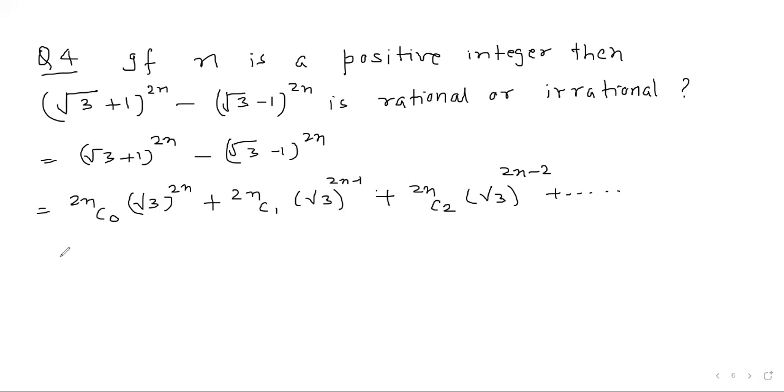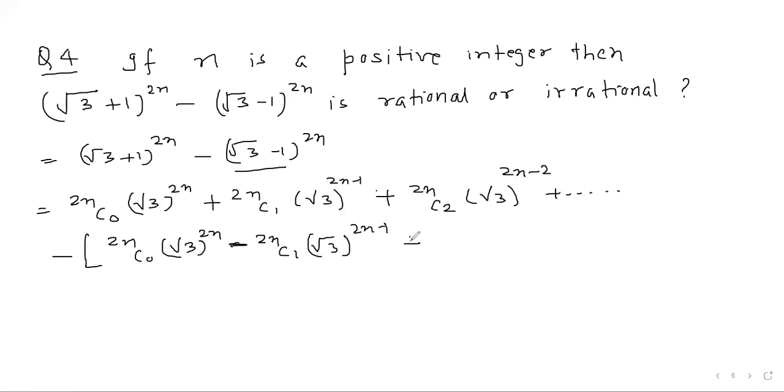And here we can expand this by putting one bracket. So this will become 2nc0 root 3 power 2n minus 2nc1 root 3 power 2n minus 1 plus 2nc2 root 3 power 2n minus 2 and so on.